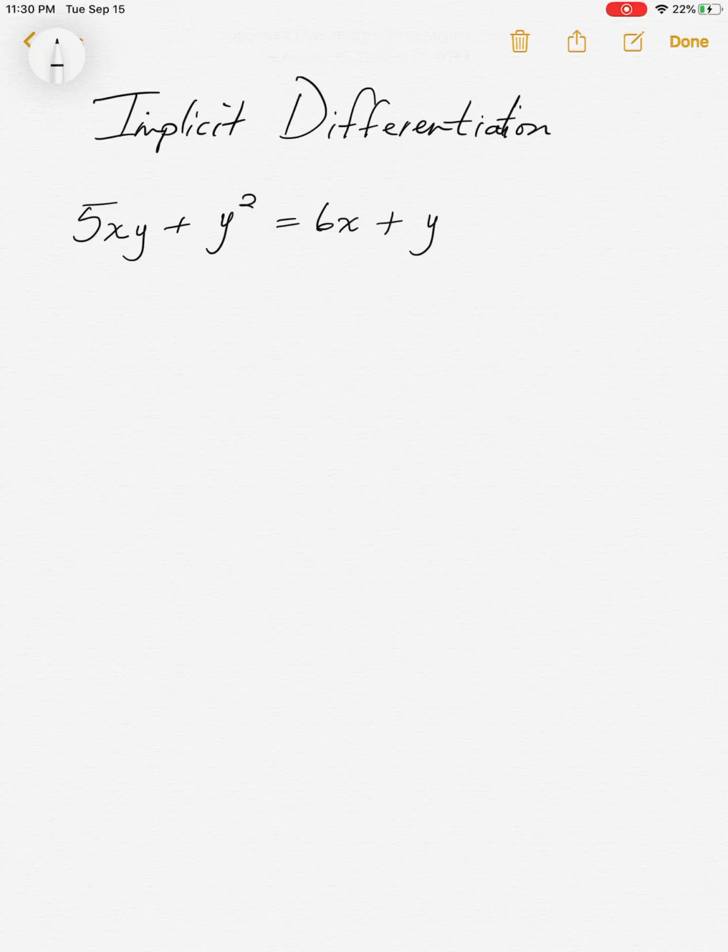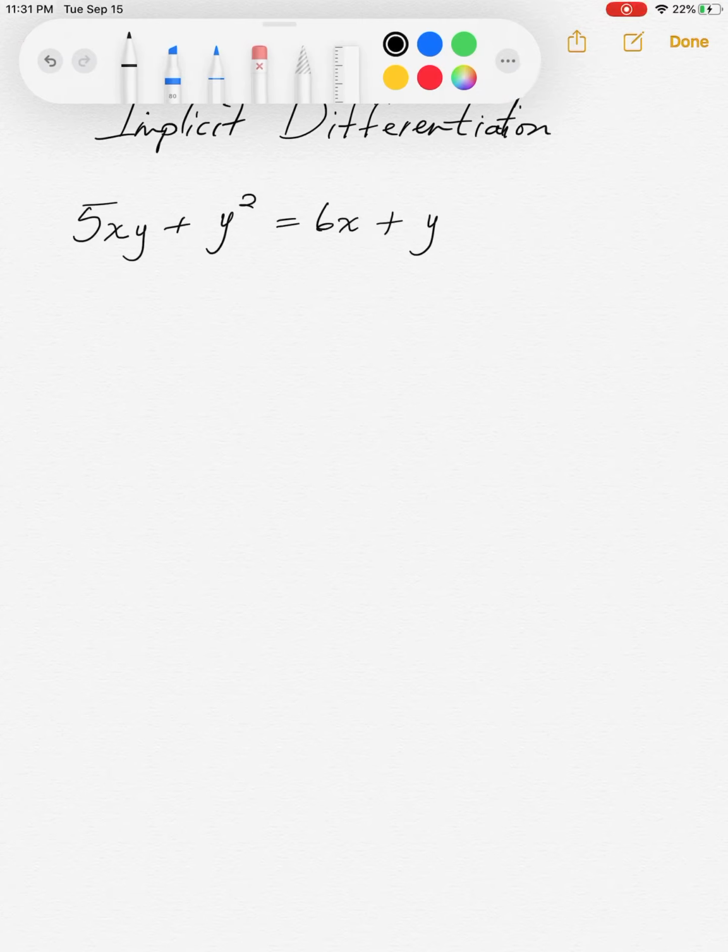You go through and you differentiate everything with respect to x. And when I say everything, I mean everything. That includes the y. If there's no x present, like in the second term y squared, once you differentiate it, you'll follow it up with dy dx.